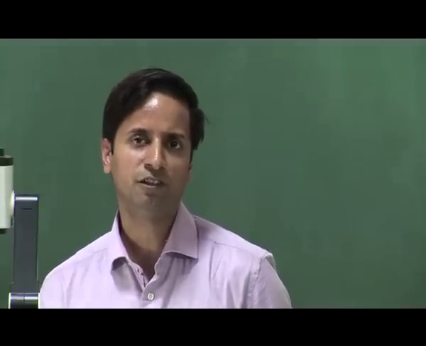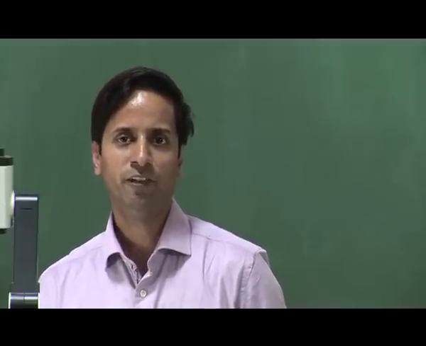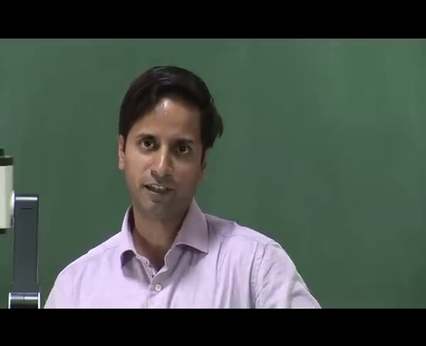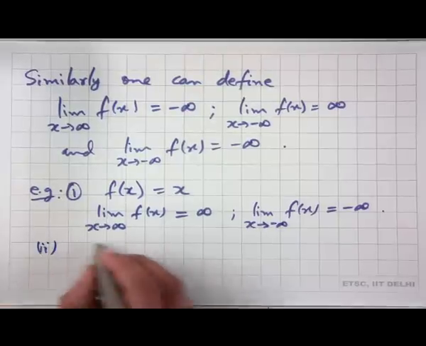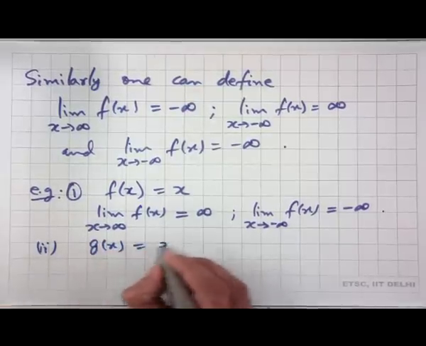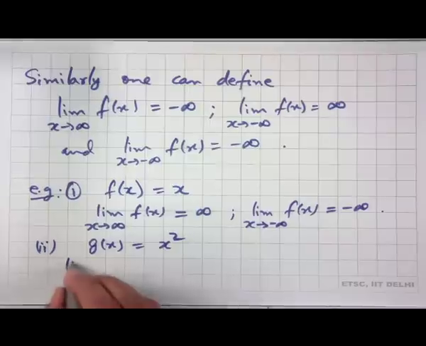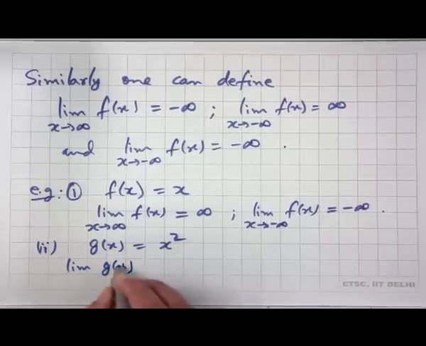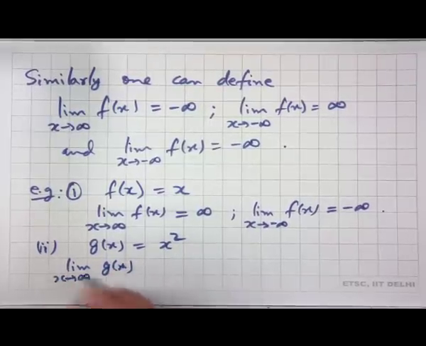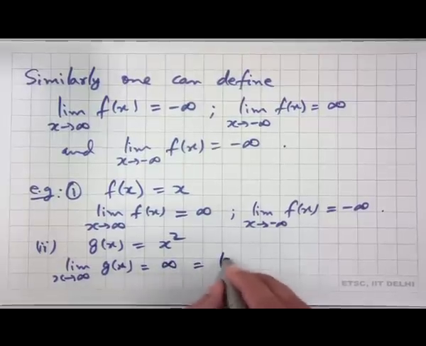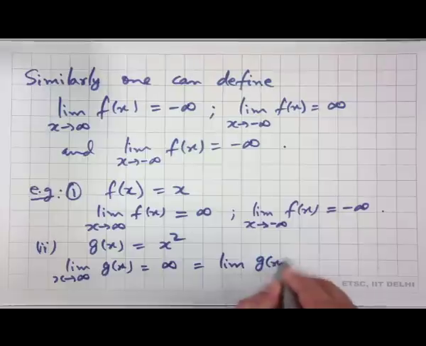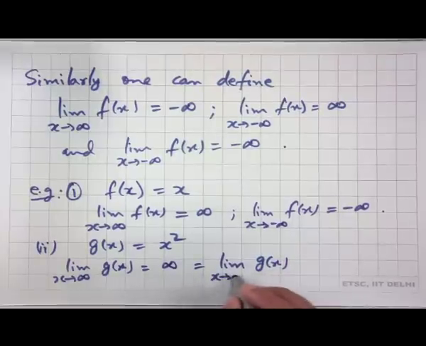So, if x is a large positive number, then f(x) is also a large positive number, and if x is a large negative number, then f(x) is a large negative number. If we take g(x) equal to x squared, then the limit of g(x) as x approaches infinity is equal to infinity, and this is also the limit of g(x) as x approaches negative infinity.